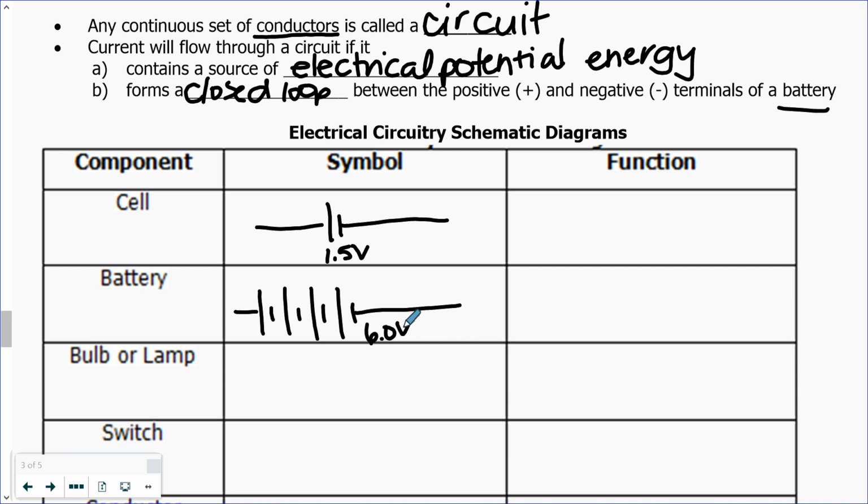Remember that each of these little components within it, each of the cells, represents an electrochemical cell. And the way that we figure out the voltage of it, this is a good example, is that it is four 1.5 volt cells. So the overall voltage is equal to the sum, meaning addition, of each of those individual cell voltages, which will give us our overall voltage of the battery. So the amount of electrical potential that it is able to supply.